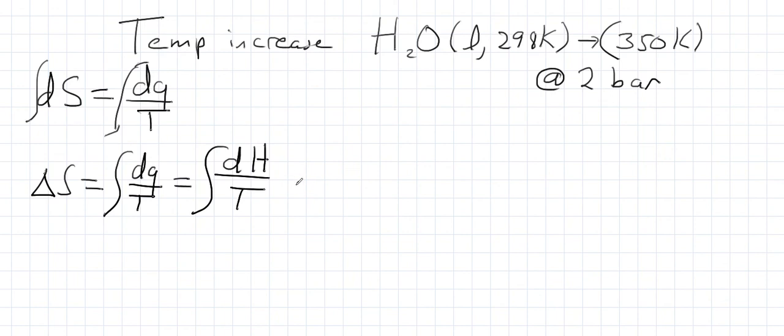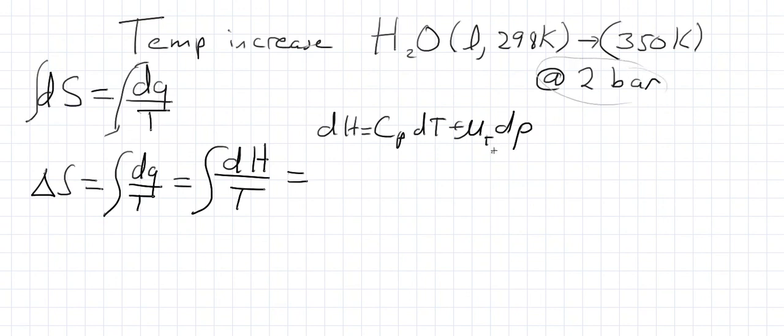And then we can say, okay, what can we replace dH with? We can always go back to fundamentals and remember that dH is equal to Cp dT plus mu T dP. But wait a minute, we're working at constant pressure over here. So that means this term here has to go to 0. So we can just replace dH with Cp dT.